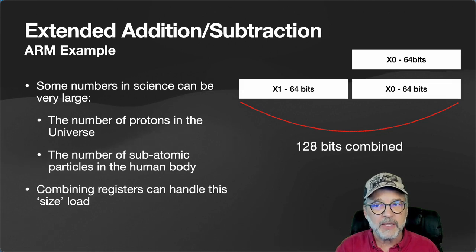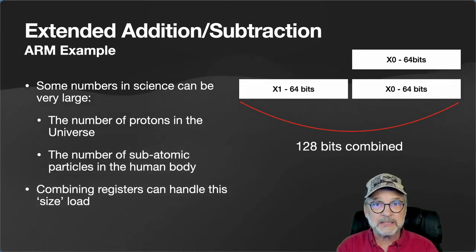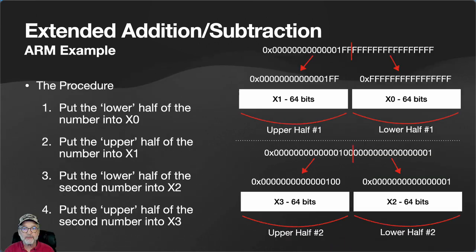And it just won't fit in 64 bits. So instead of just using x0, which is 64 bits, we combine, in this case, x1 and x0 together as 128 bits, and that's what I call extended addition and subtraction.